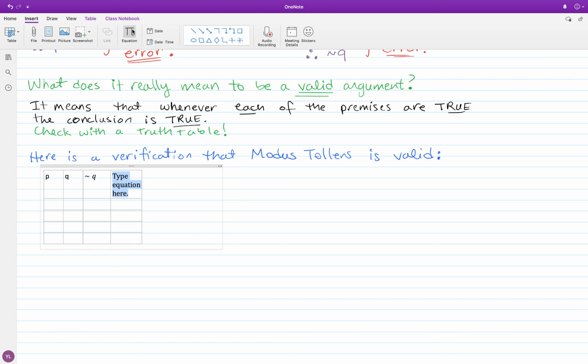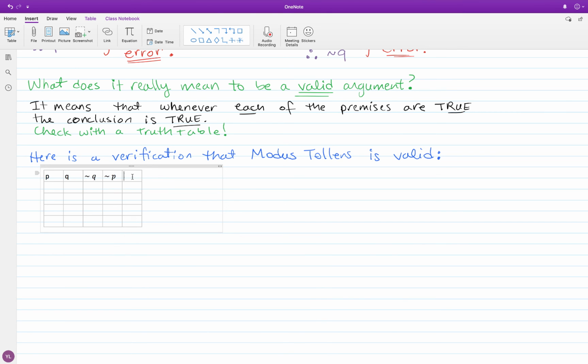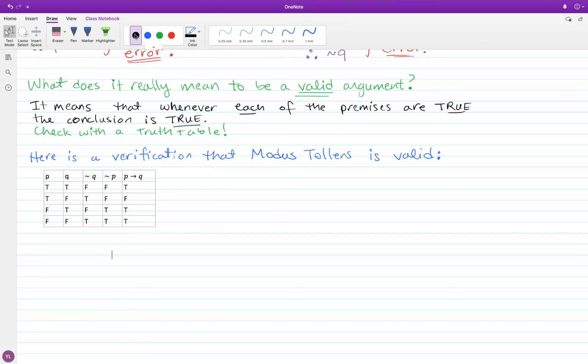And the modus tollens argument takes an implication P implies Q and another premise not Q and deduces from that not P. So I'm putting all of these things into my truth table: not Q, not P, P implies Q. And again, after I get the truth table filled out, what I'm going to do is identify those rows of the truth table in which both premises of modus tollens are true, and just check the conclusion, which will be not P in this case, is also true in those rows.